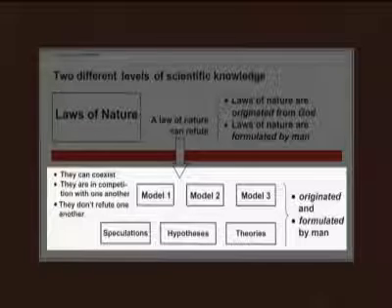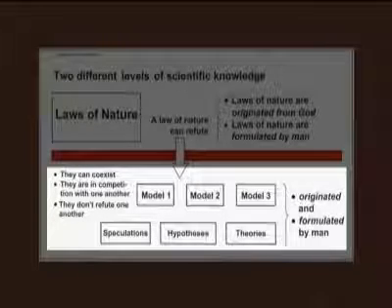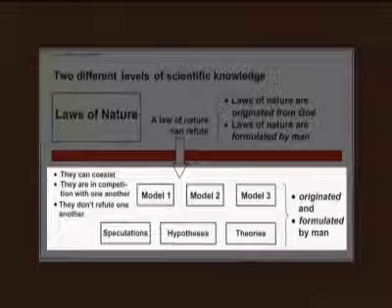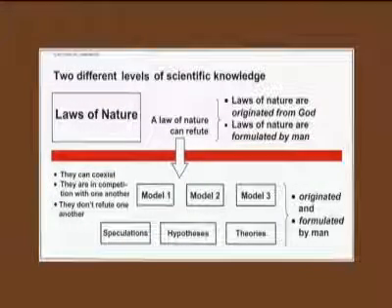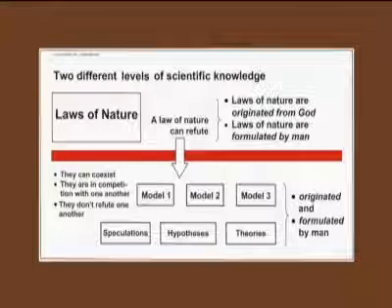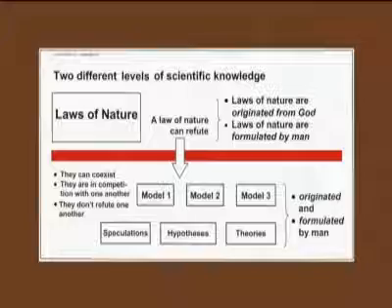All this below the red line we can say are originated and formulated by men. You see, there is a very large gap between the laws of nature and all the other levels of scientific knowledge. Therefore, it is possible that a law of nature can refute a model or a speculation or a theory.